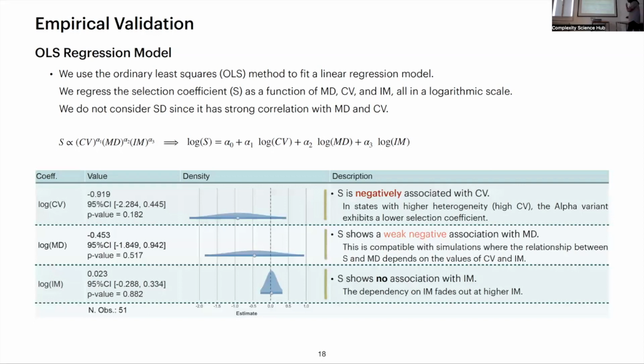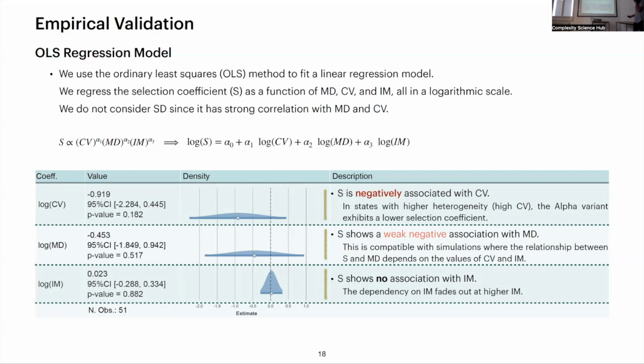So the result was actually promising. For CV, we find a statistically negative coefficient. This means that selection coefficient is negatively associated with CV. This is totally in line with our finding in simulations.